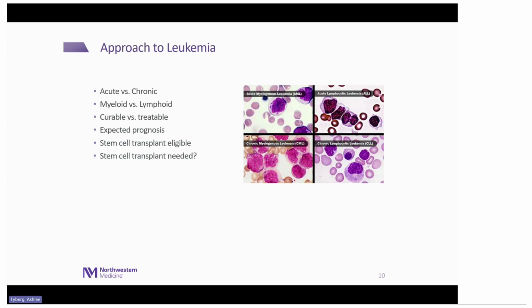And the other consideration, first of all, is it something that might be needed? Secondly, is the patient healthy enough to even do that? Because a lot of these diseases are diseases of older people. So if you're 80, you're probably not going to get a stem cell transplant, even if it would cure the disease, it would be not safe to do so. So we have to think about all these different ideas.